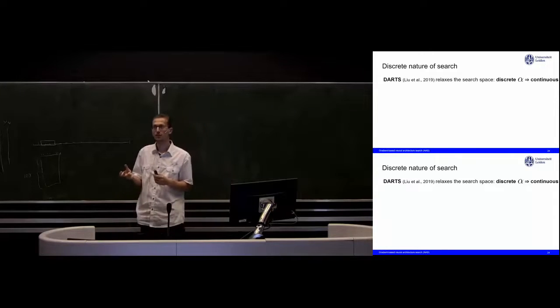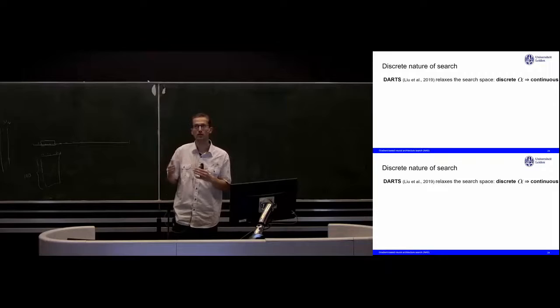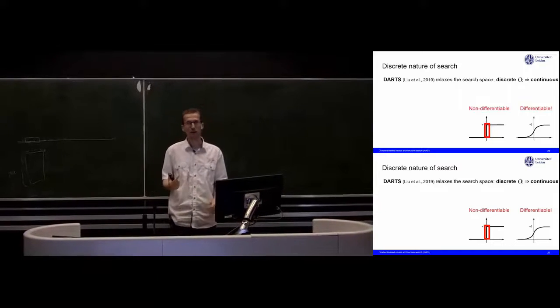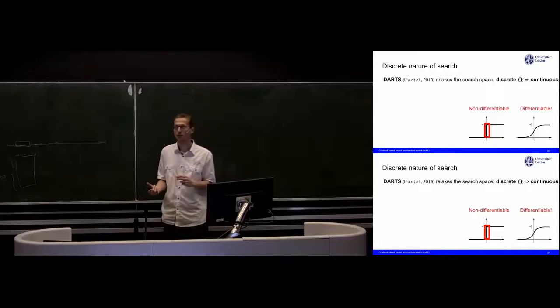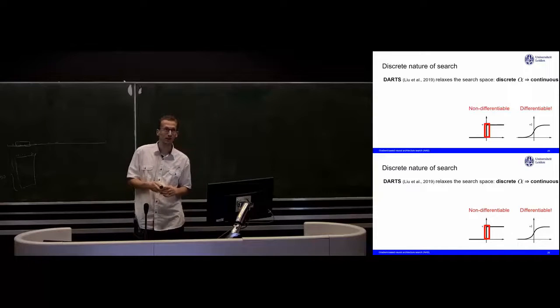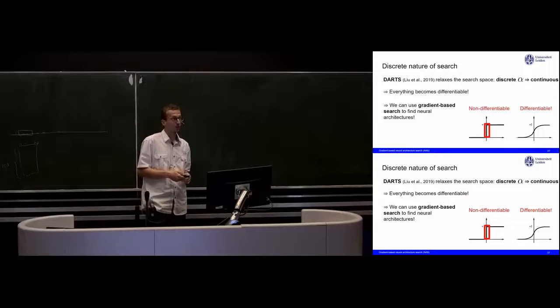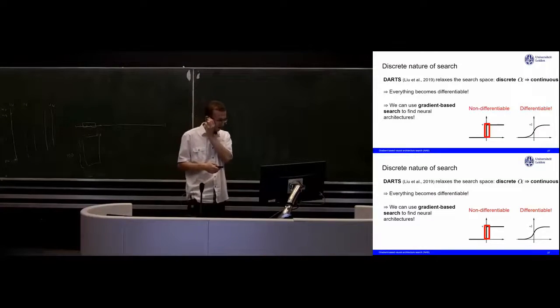So instead of it being either 0 or 1, we're also going to allow it to range anywhere between these two values, at least a normalized version. By doing this, we go from a non-differentiable function to a differentiable function, which means that we can actually apply gradient-based search. And that's what we're going to take a look at now for the remaining 15 minutes, roughly.